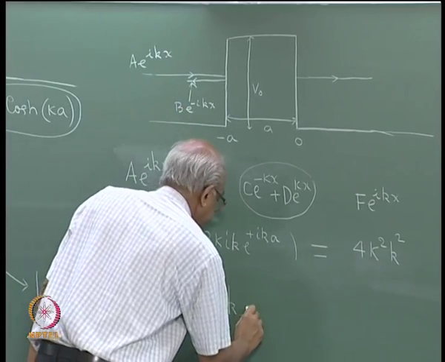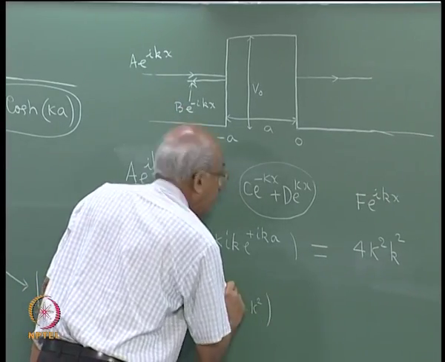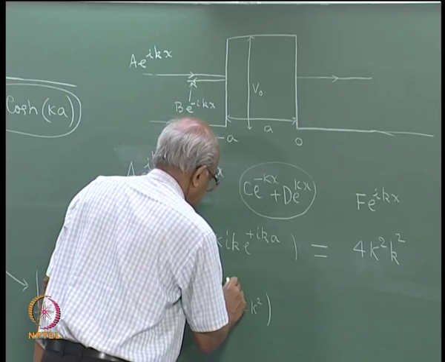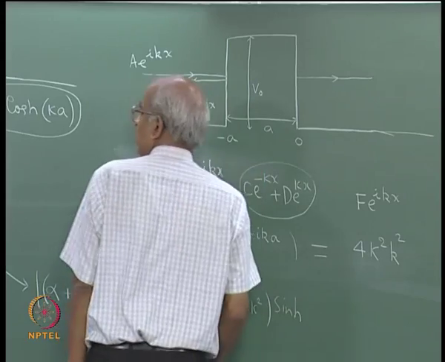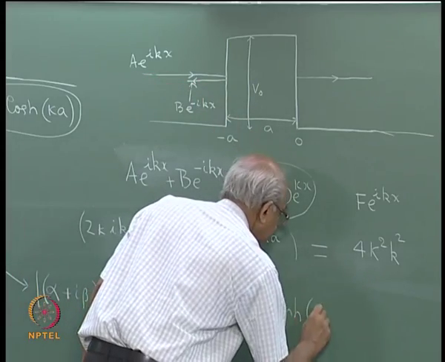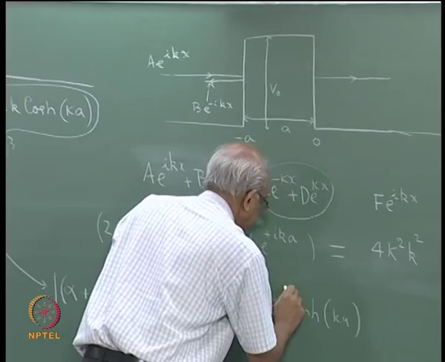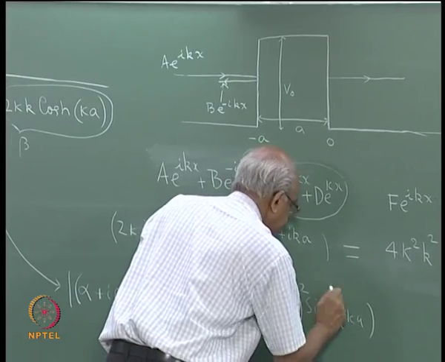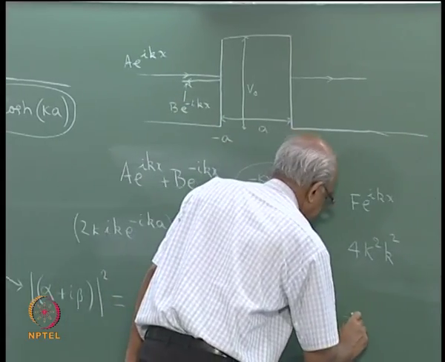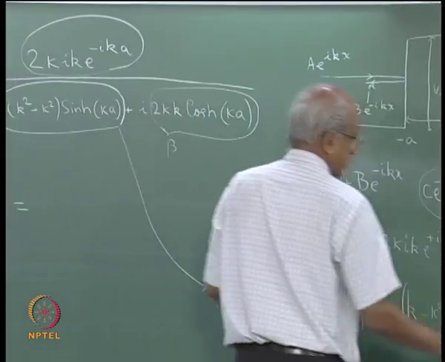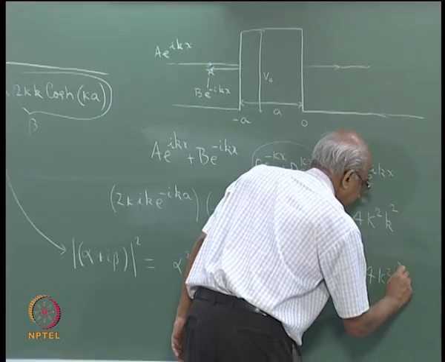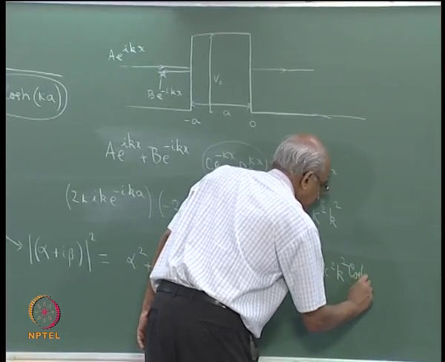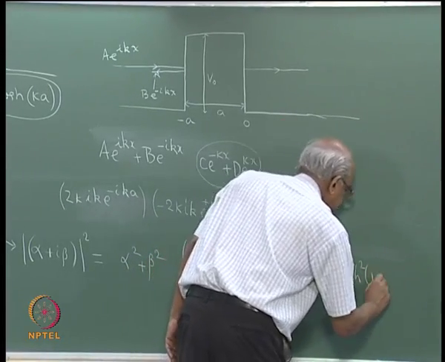It is going to be k squared minus kappa squared whole squared, sinh squared kappa a. You take the square of this and the square of that, add to it the square of that term, which will be 4 kappa squared k squared cosh squared kappa a.